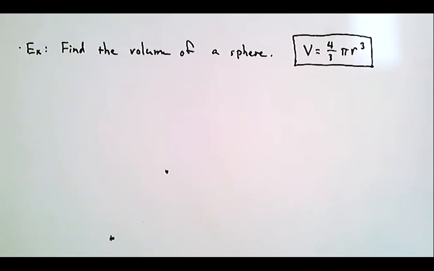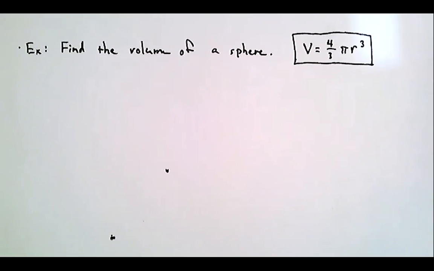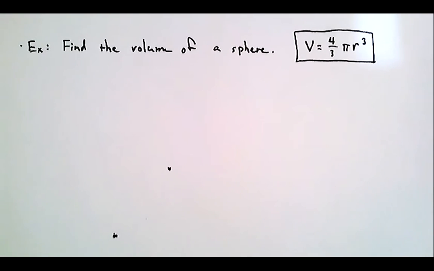And I want to use what we're learning now. So volumes by revolution. Any ideas on how we could do that? How we can use this idea of rotating a shape?